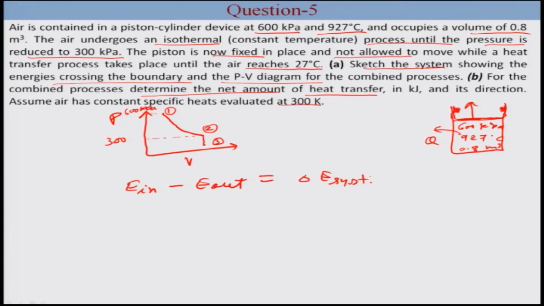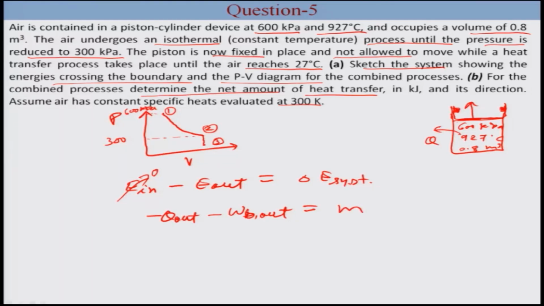Since there is no heat coming inside of this system, energy in is 0. There are two things crossing the boundaries of the system, that is Q out and the work done by the system on the surroundings, which will be equal to the change in total internal energy of the system, because the system is stationary.